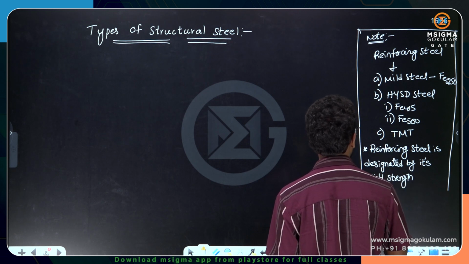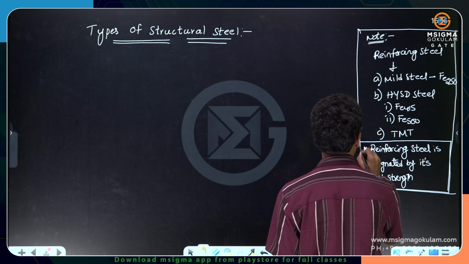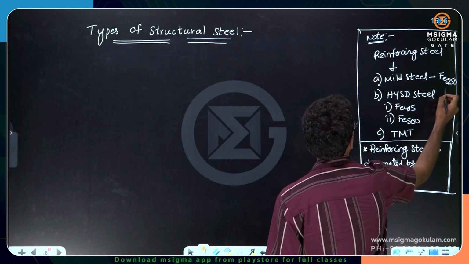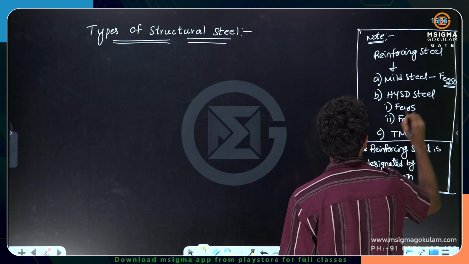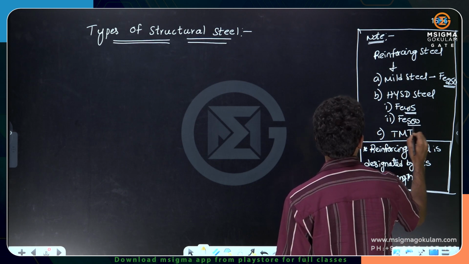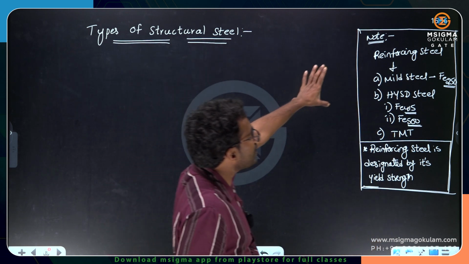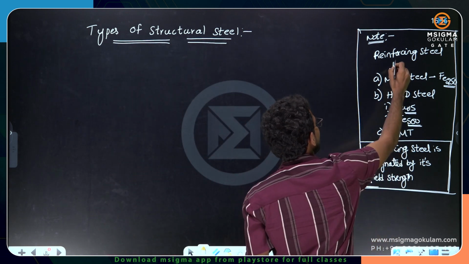Please remember that all kinds of reinforcing steels are basically designated by the yield strength. Please understand. See, this number 250, this number refers to yield strength. 415, this number also yield strength. 500 is also a yield strength. So all reinforcing steels, this is how we are classifying, and this is how we are designating.